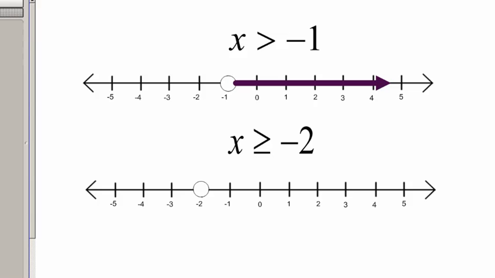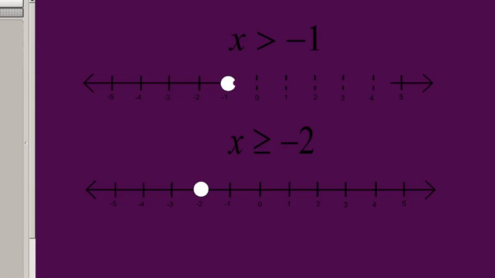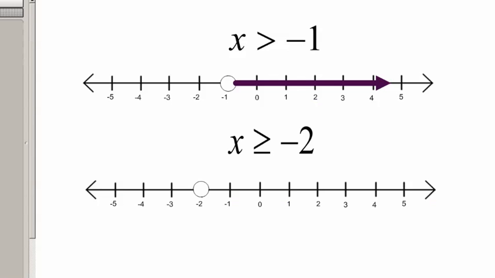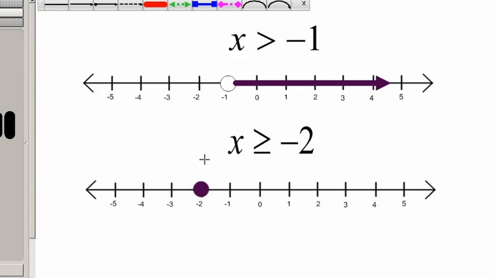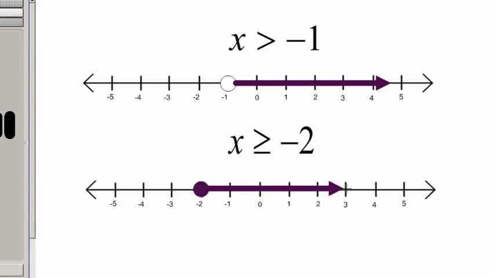So I'm going to fill that in. -2 works. And I'm looking for all the values that are larger than -2. And there we go. -2 is on the smaller boundary. You can see because it's being pointed to.